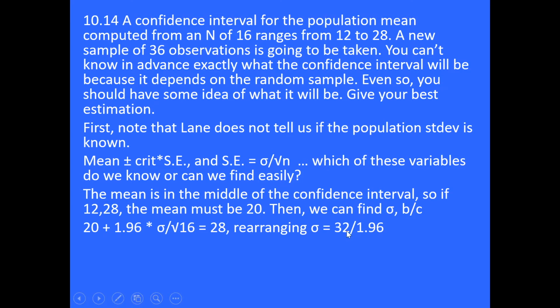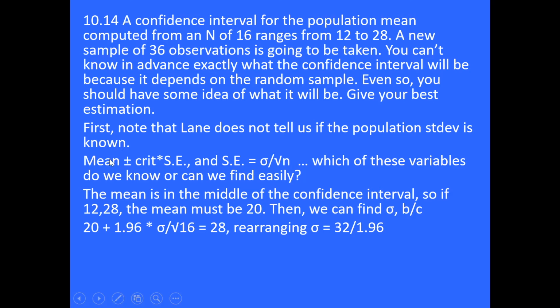Now you can go ahead and solve that if you want, but it may be easier to just take that and put it into the new formula. Okay, so what we want now is to make a new confidence interval, and we're going to use the same thing. The only thing is that the sample size is going to be different. So we're going to be up to 36.